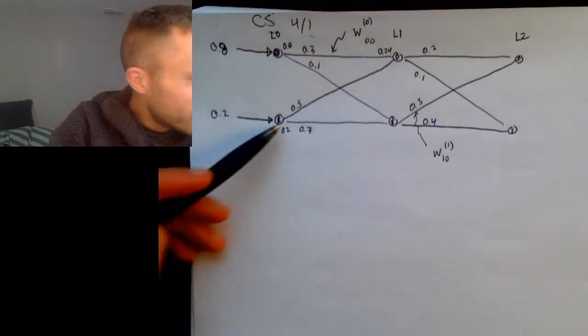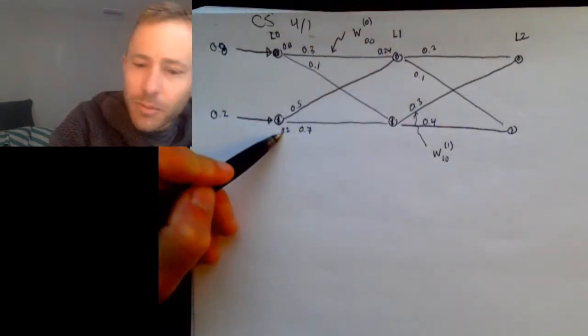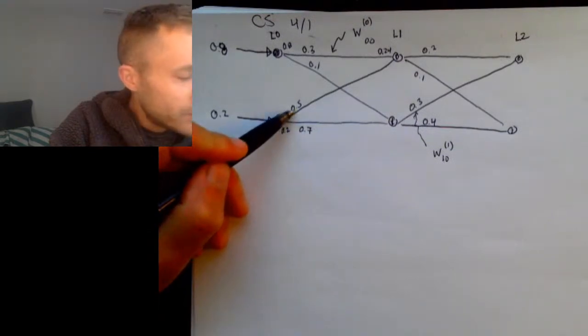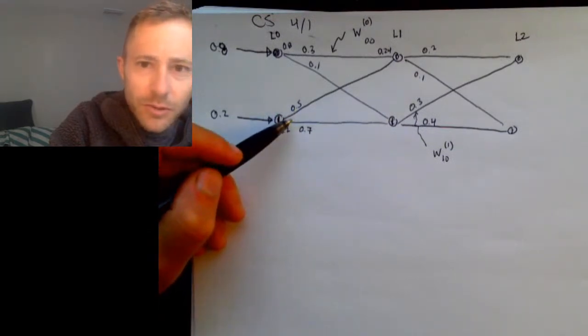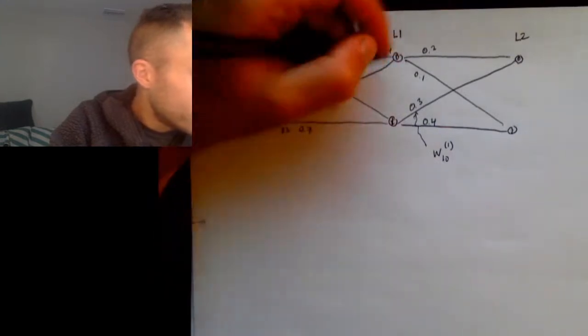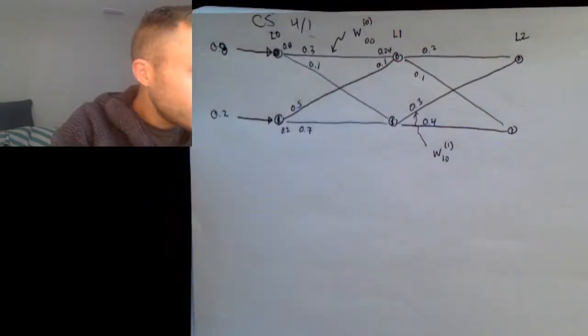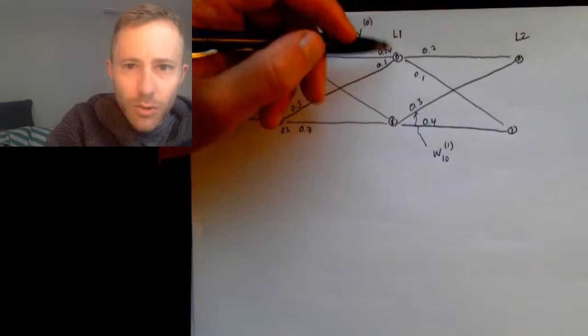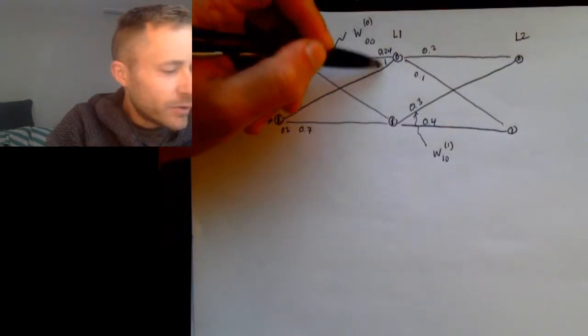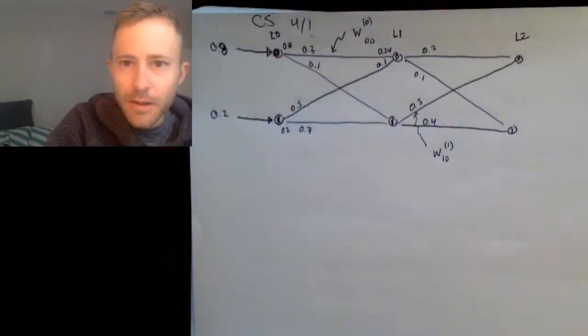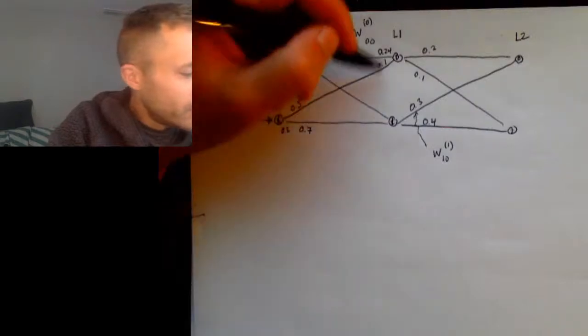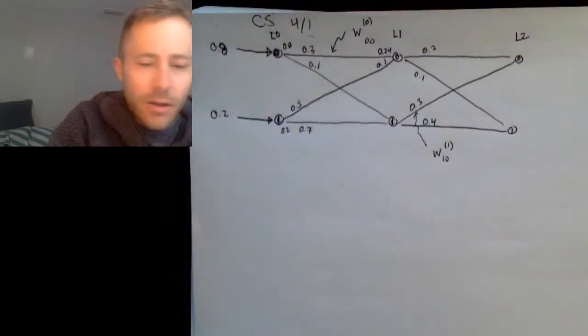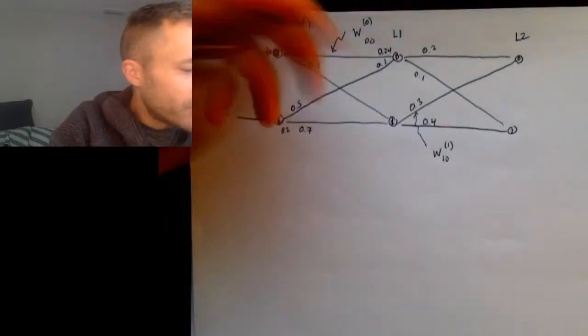And then from this link, we have 0.2 times 0.5, which is 0.1. So the total input to that neuron is going to be 0.34.